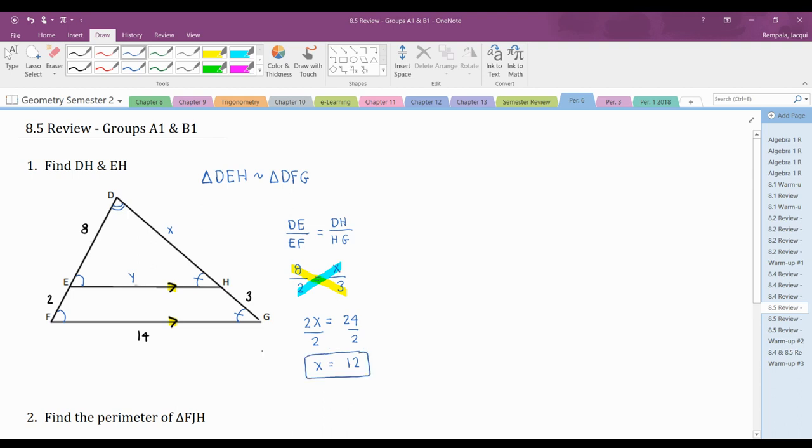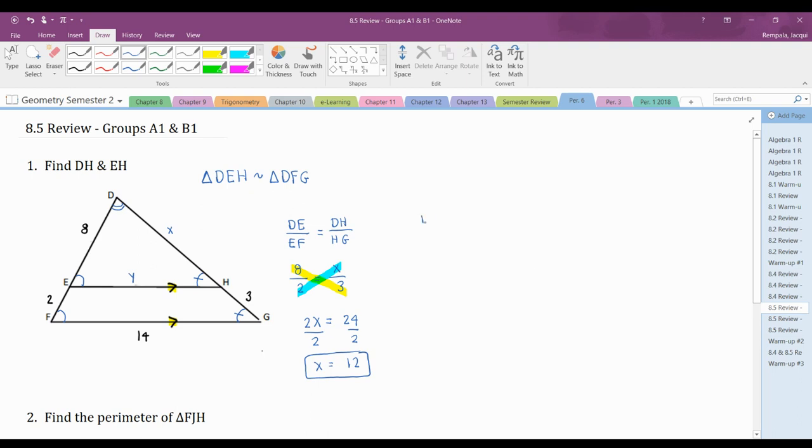Now, I needed to have similar triangles to find then the side of Y, because notice Y is the side of my triangle that isn't being split up, okay? It's helping form the split. So I needed to have those triangles written out so then I could set up a proportion of all the corresponding sides.